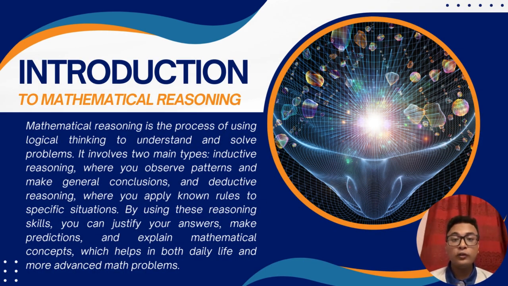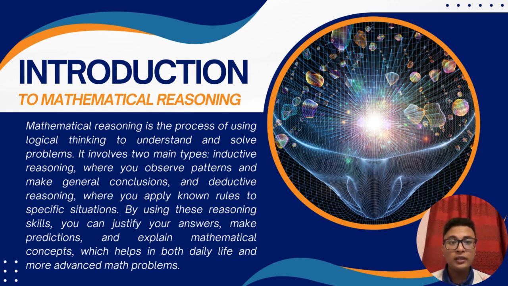Now, let's take a look at the introduction to mathematical reasoning. Mathematical reasoning is the process of using logical thinking to understand and solve problems. It involves 2 main types, which are inductive reasoning and deductive reasoning.